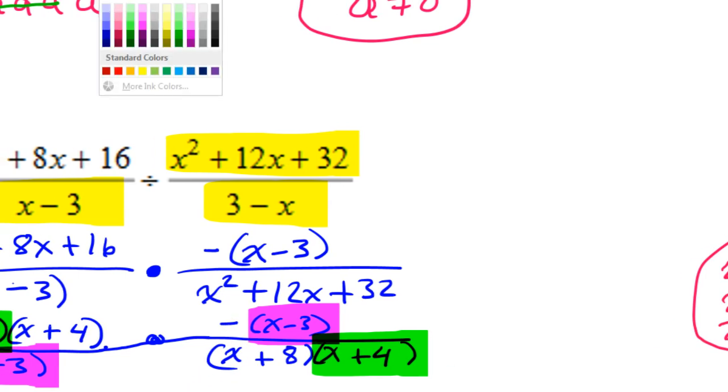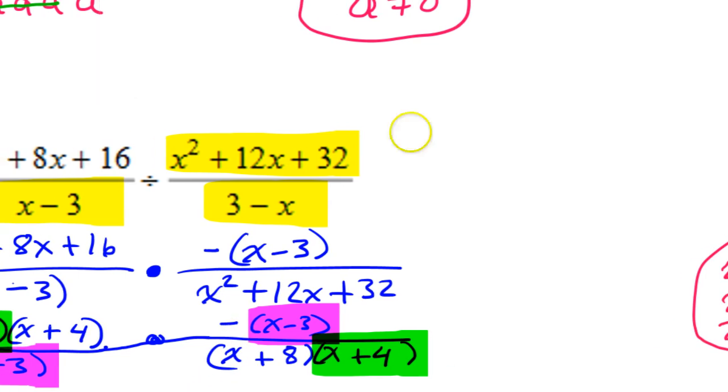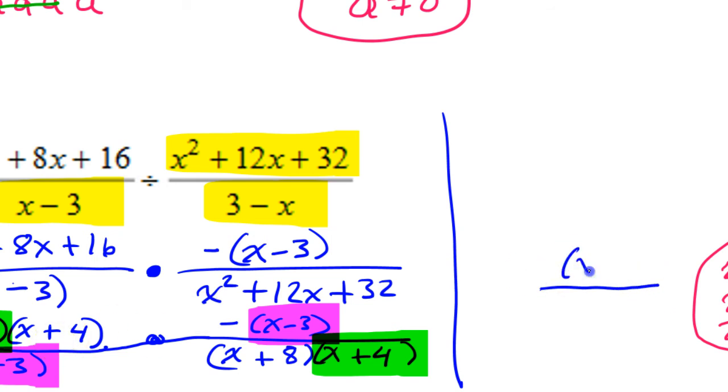Okay, so when I slide over to recopy this, I've got this fraction, and I have x plus 4 in the numerator, but don't forget about the negative sign. I canceled out the x minus 3, but the negative sign is still there. And then I have the x plus 8 in the denominator.